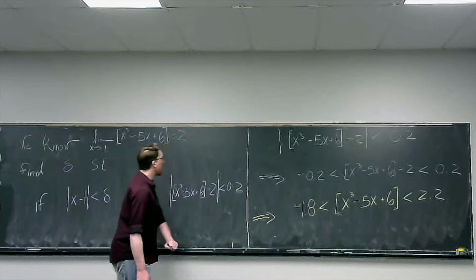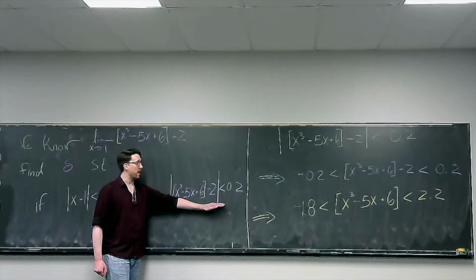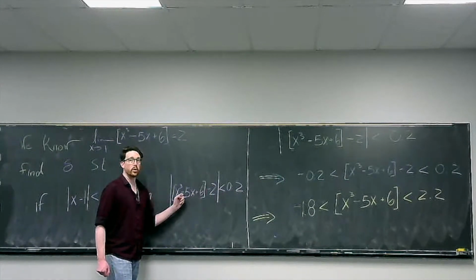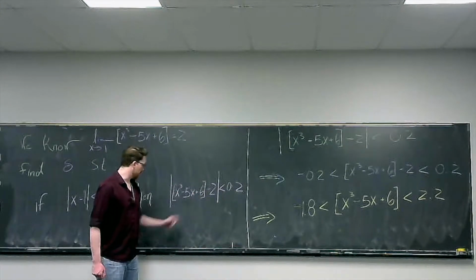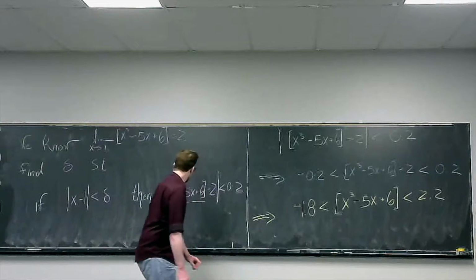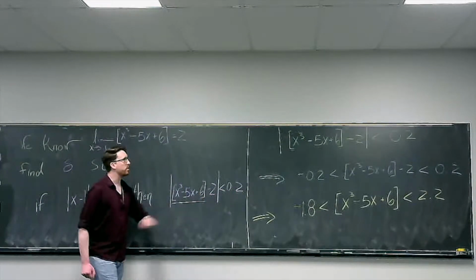The way we're going to do that is by starting here, by considering just this. We want this bit here within 0.2 of 2.